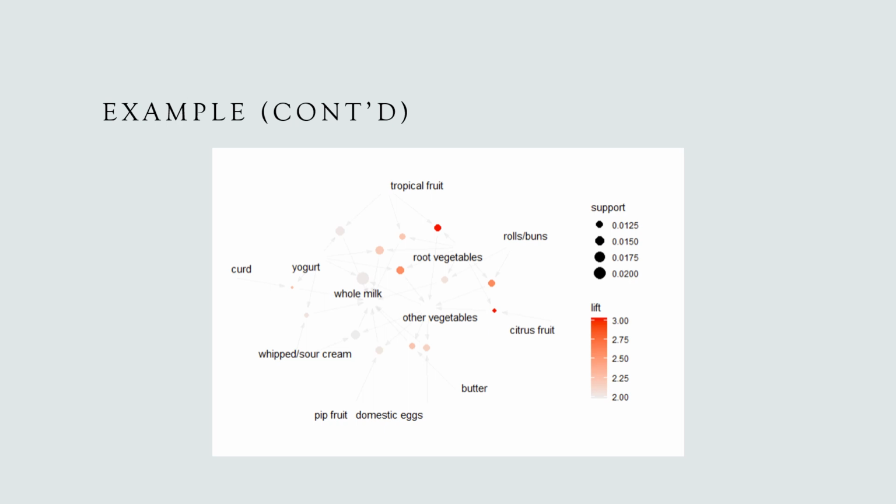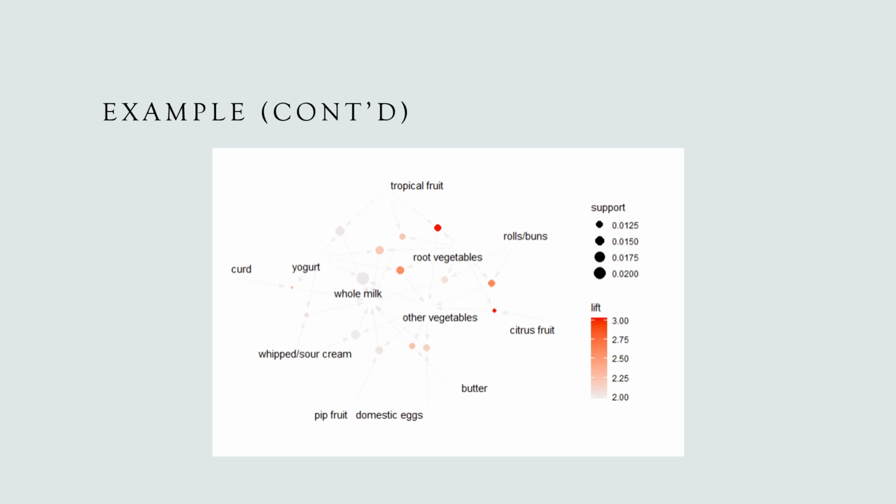This is just a visual presentation of it. The color coding basically is your lift, and the support is the size of the bubbles. Again, this is based on the top 10 lifts. This is the visual showing the relationships between the items in the data set. I think it's pretty cool.